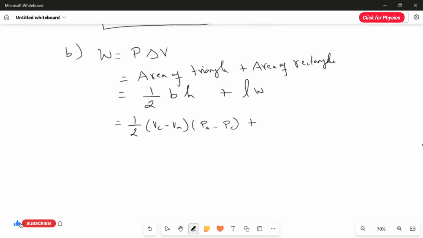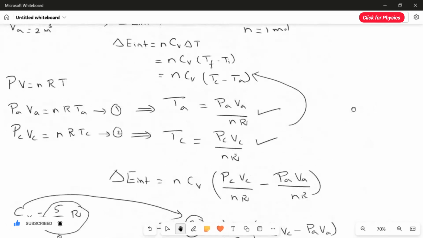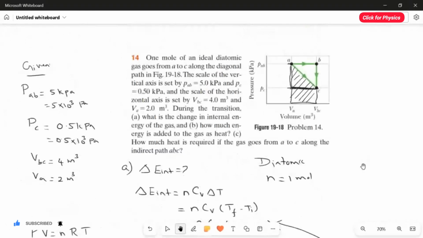Plus the length of the rectangle here is VC minus VA. That is the rectangle length, and then its width is this part, right?